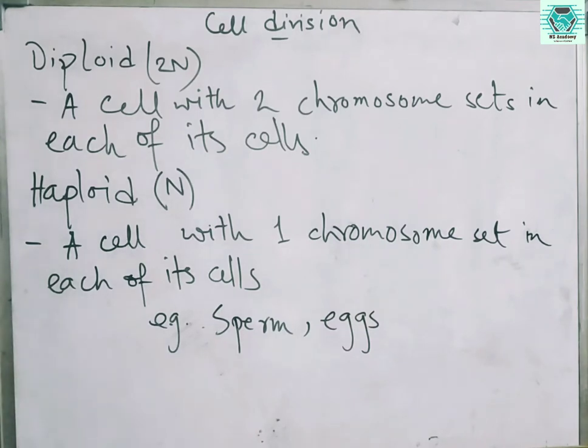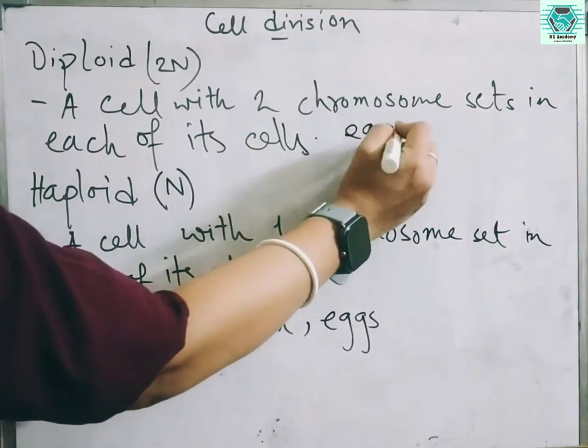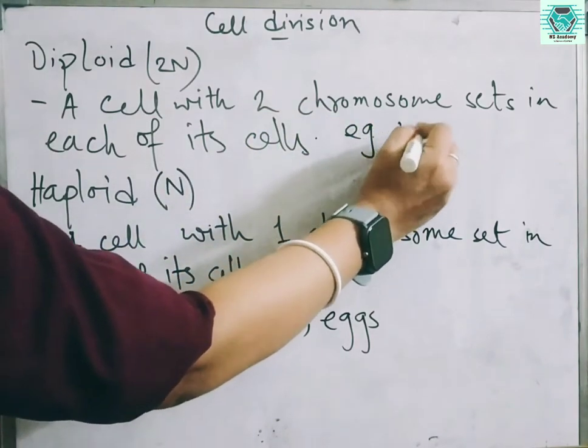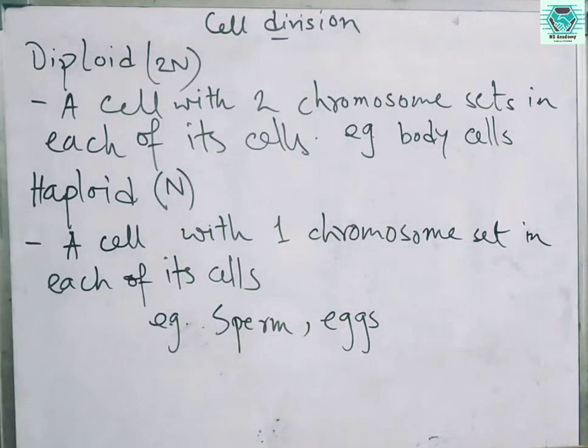And all the other cells of the body, that is all body cells, are examples of diploid cells. So generally we can say that there are 2 kinds of cells in our body: somatic cells and germ cells.